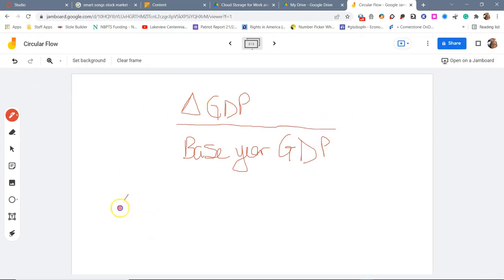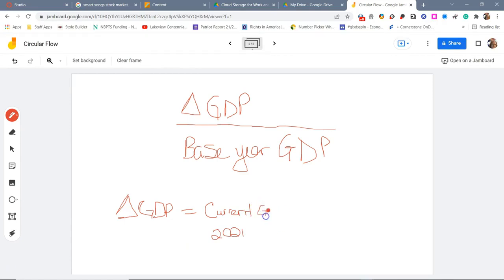All right, so a change in GDP equals our current GDP, the year we're looking at, we'll say 2020, or in our case 2021, because it's income tax season.